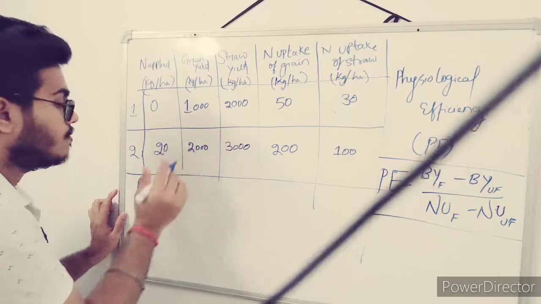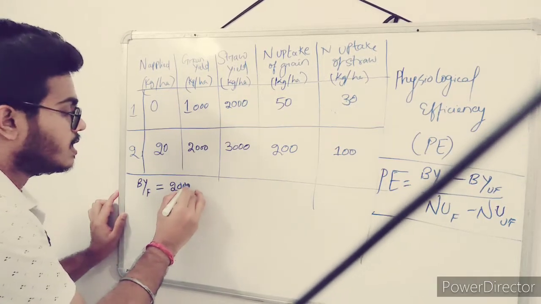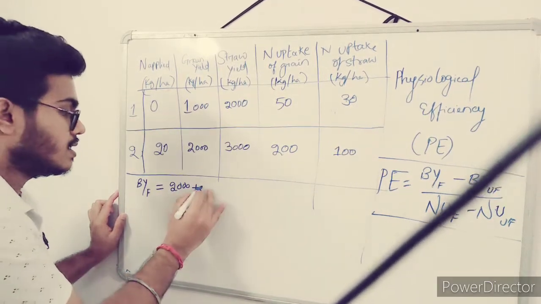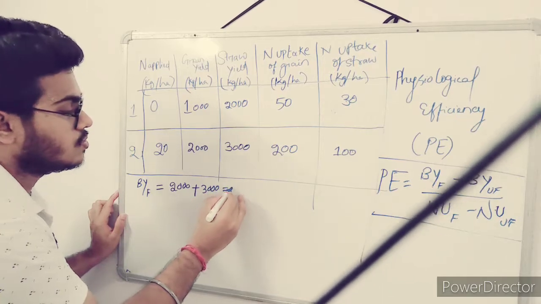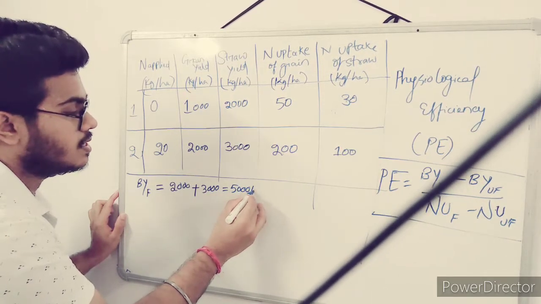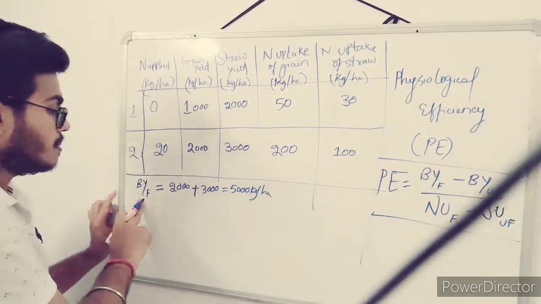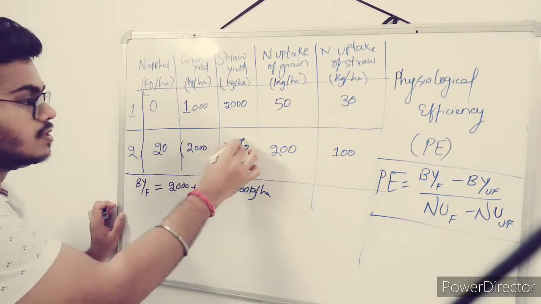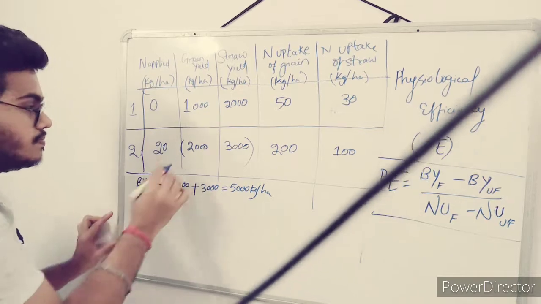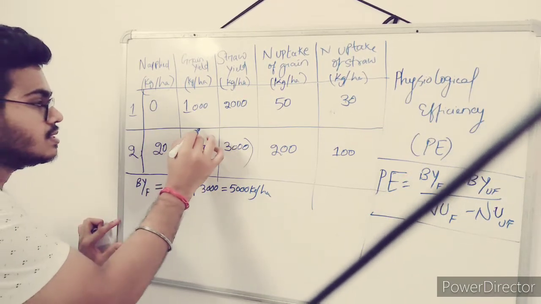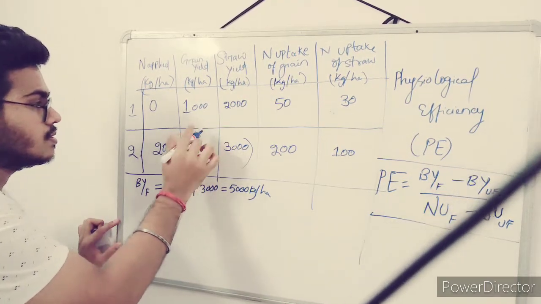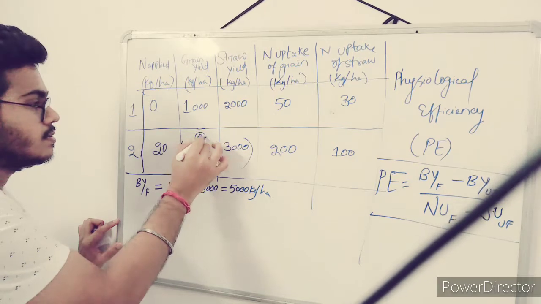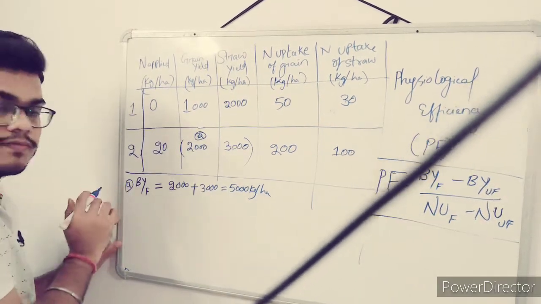Grain yield we have got 2000 kgs per hectare plus 3000 kgs per hectare, so this is equal to 5000 kgs per hectare. This is the biological yield of the fertilized plot. Here I have marked it as 1, as A. So this is the first one we have calculated.